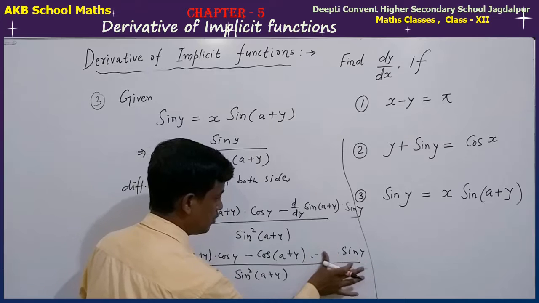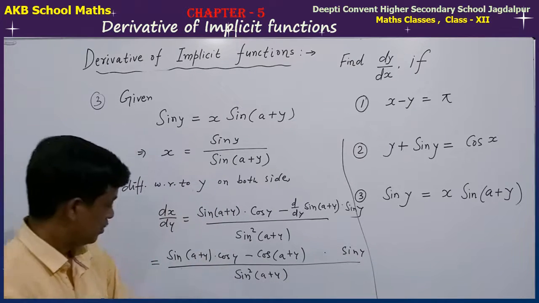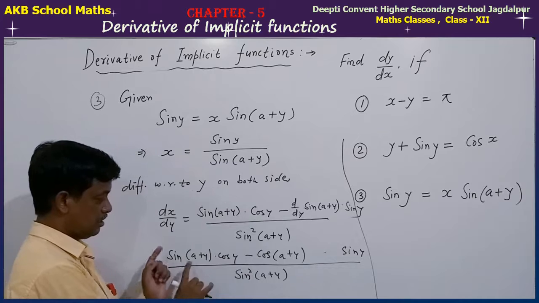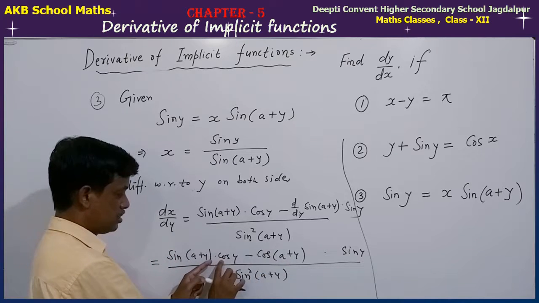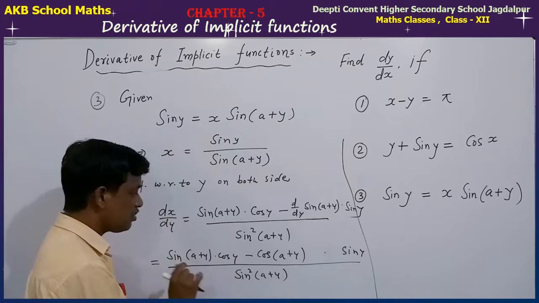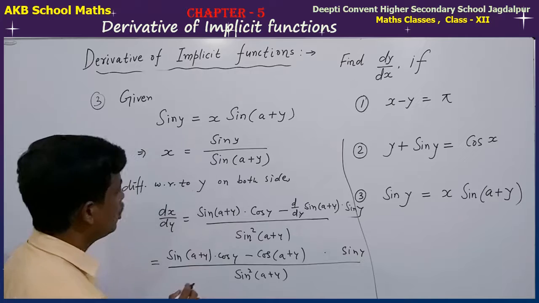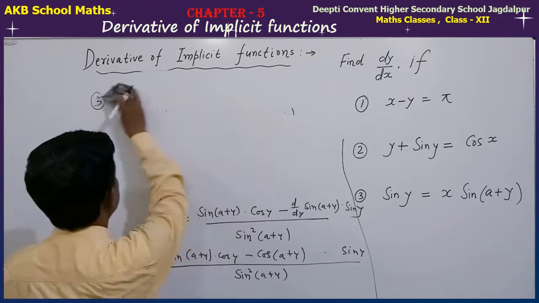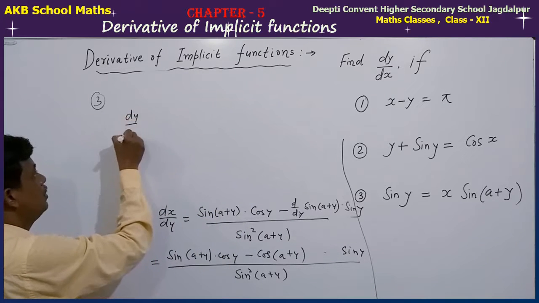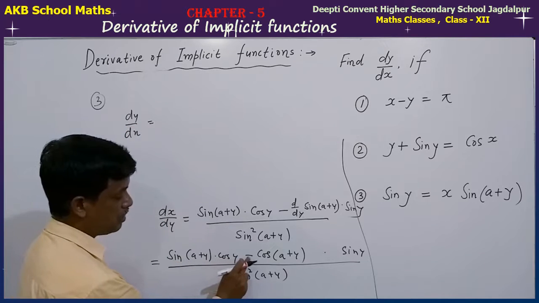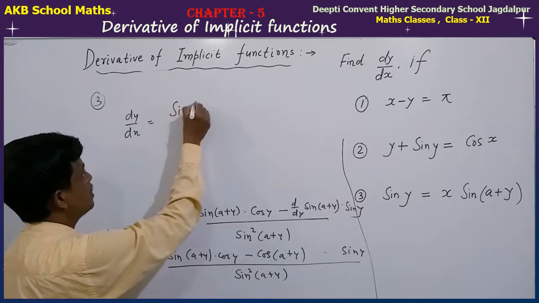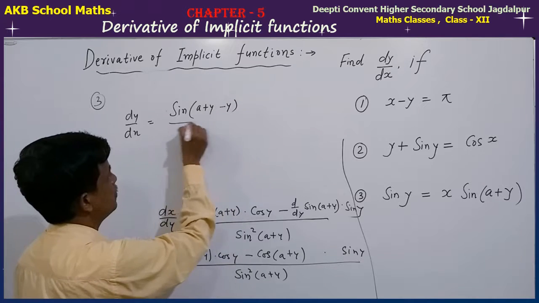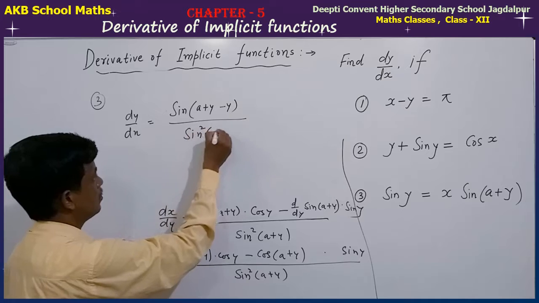So here we have to apply the formula sin a cos b minus cos a sin b, that is sin(a minus b). Here a is a plus y and b is y, so sin(a minus b) upon sin square(a plus y).